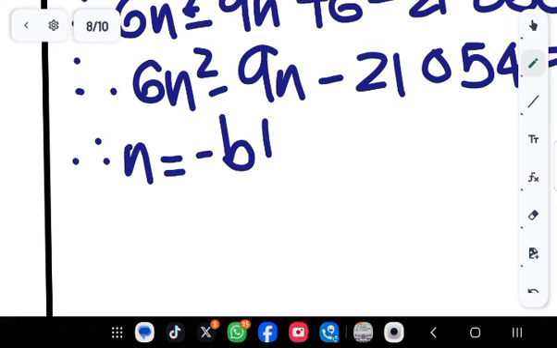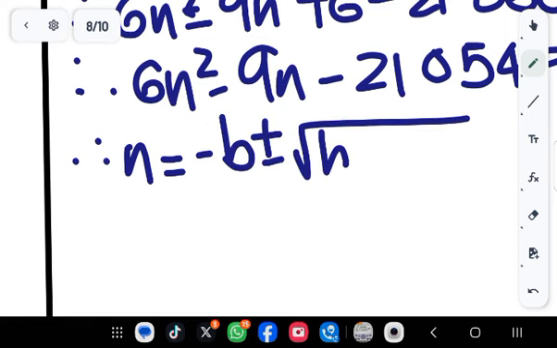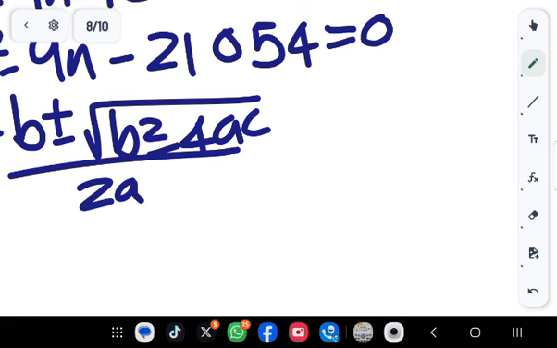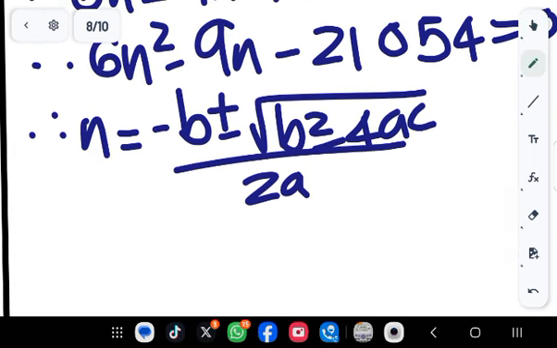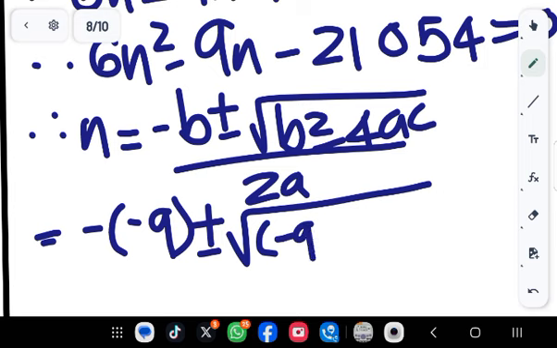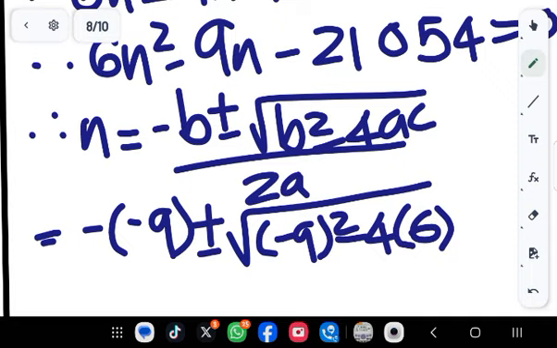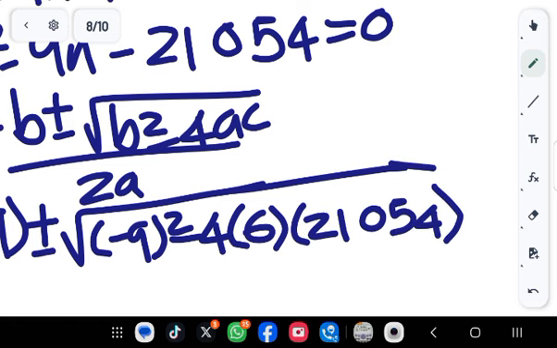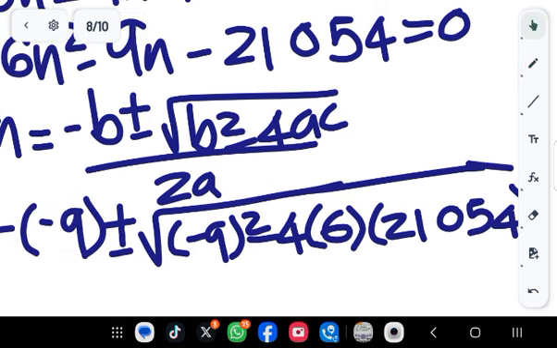n equals minus b plus or minus the square root of b² minus 4ac, all over 2a. Now when we substitute, that gives us n equals minus negative 9 plus or minus the square root of negative 9 all squared minus 4 times 6 times negative 21,054, all over 2 times 6.